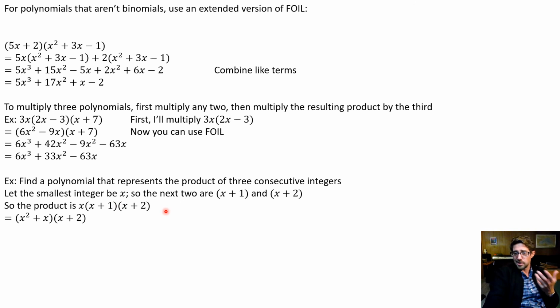There's no real reason to do it some other way, unless you feel like it, and as long as you do it right, you'll still be right. So now we have to FOIL. So it's x cubed plus 2x squared plus x squared plus 2x. That's just FOIL. And then once again, we see that we can combine the two middle terms. So it's x cubed plus 3x squared plus 2x. And that's as good as it gets.